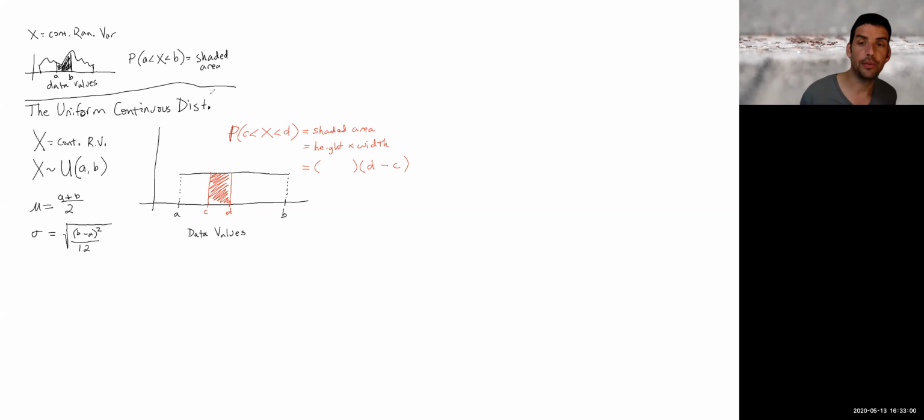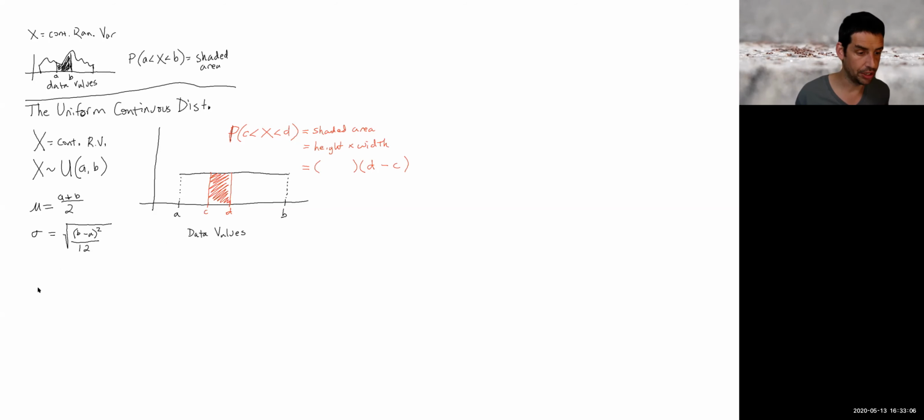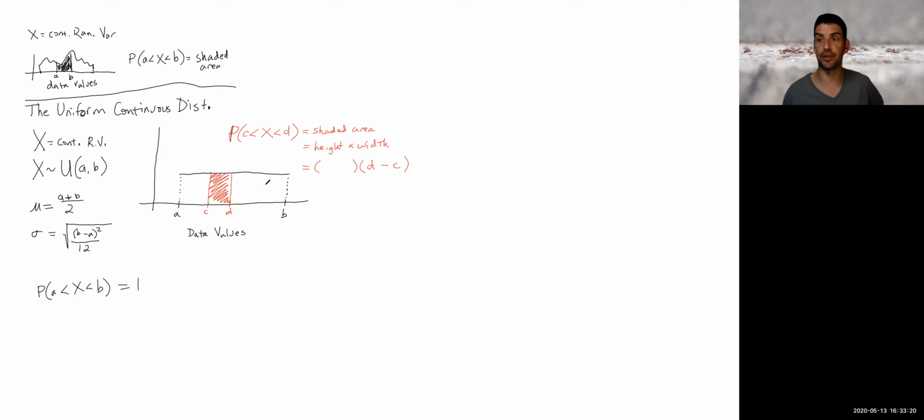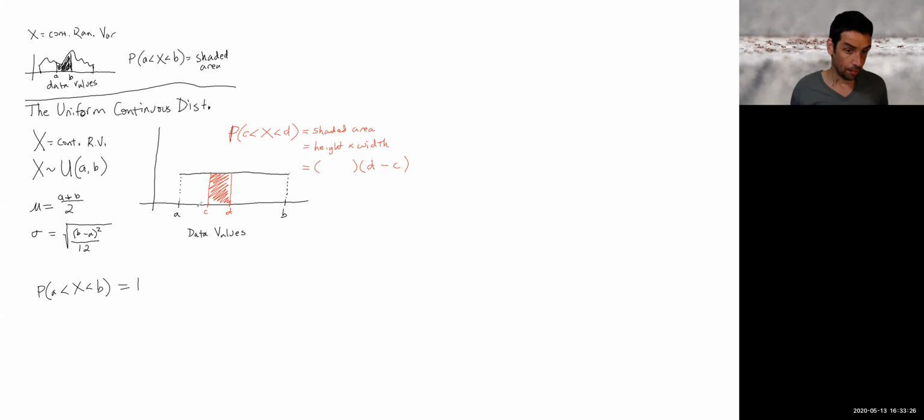Well, we did this example in a previous video, but it's worth doing again. One thing we know is that the probability that this variable is between A and B is 1, because this is the entire sample space, and so it's just saying what's the probability that any of the outcomes happen, and that's certain. Whatever all the possible outcomes are, one of them has to happen. But that should also be equal to the area of this rectangle.